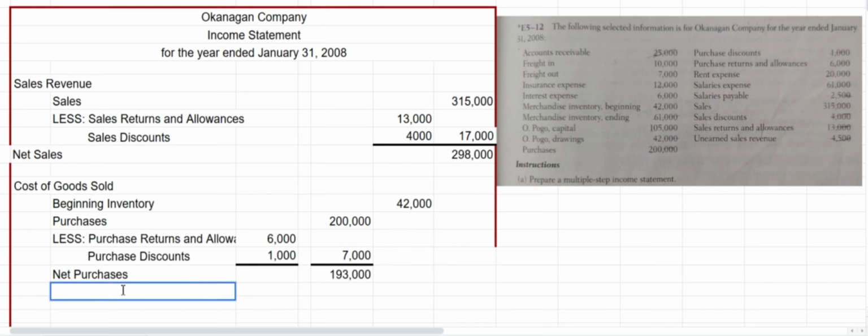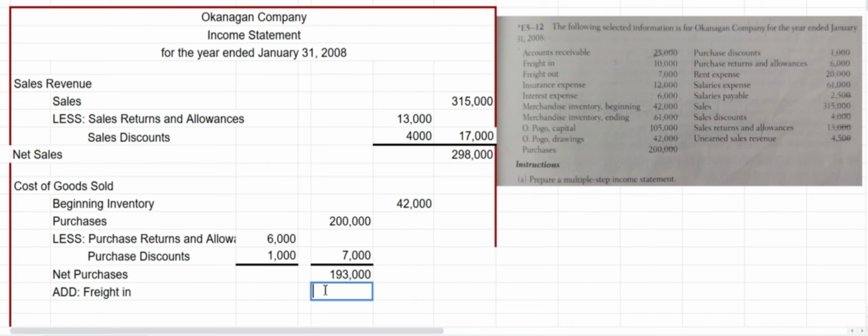Next, we want to add the freight in. Since freight in is kind of like inventory. So it's kind of like we're adding more inventory, but it's just called freight in. and that's 10,000.